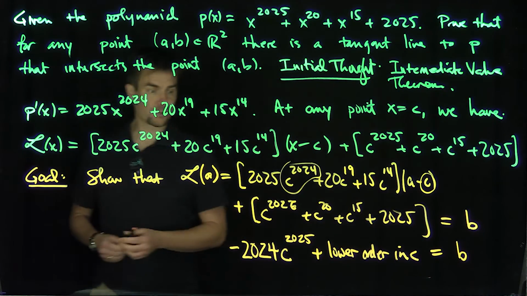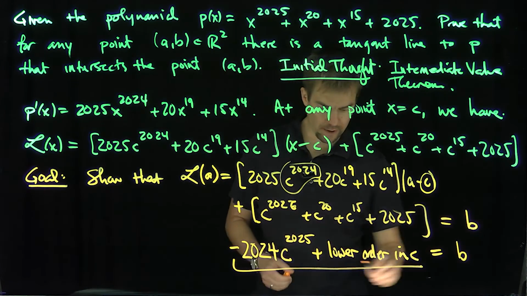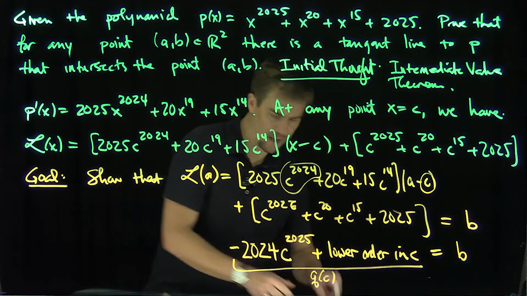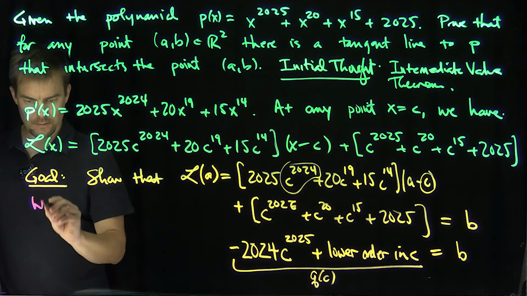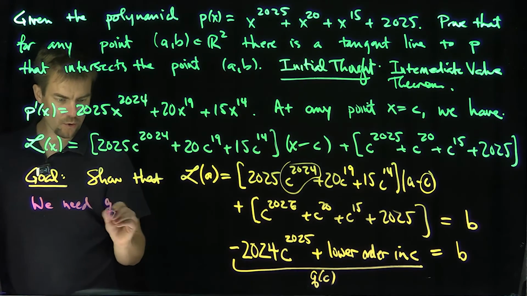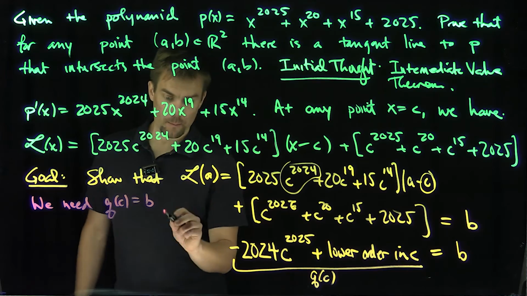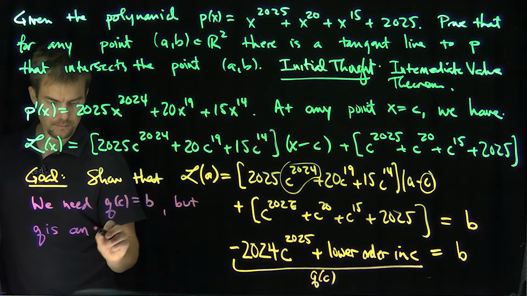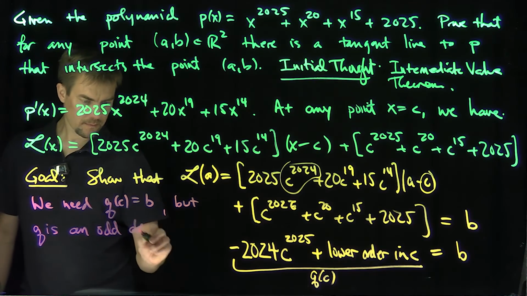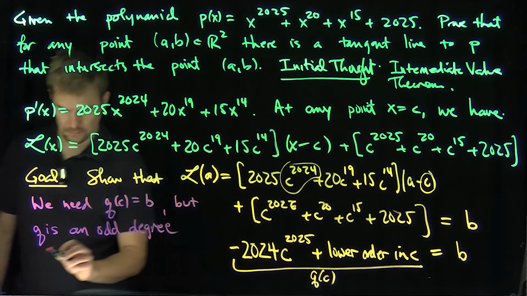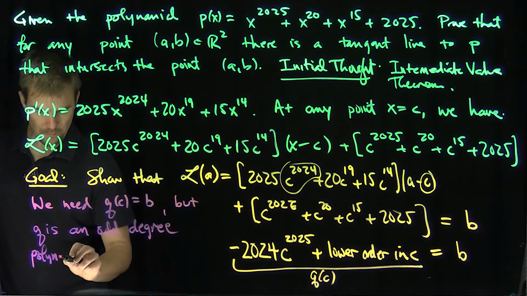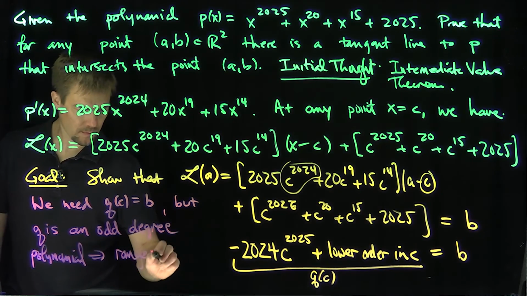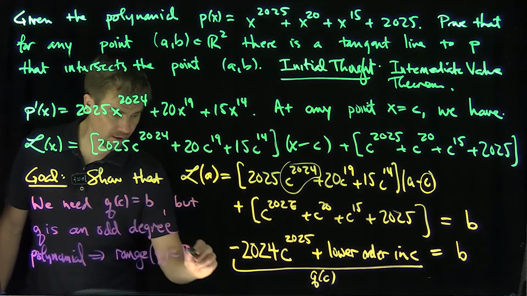So now let's take this whole expression and call it Q of C. Our goal now is to show that Q of C is equal to B. But Q is an odd polynomial, and that implies that the range of Q is equal to R, right?